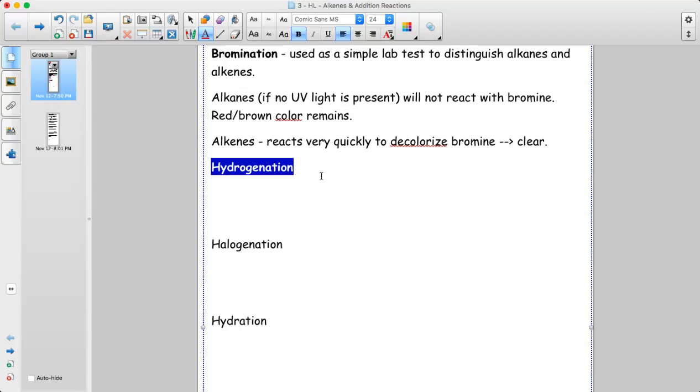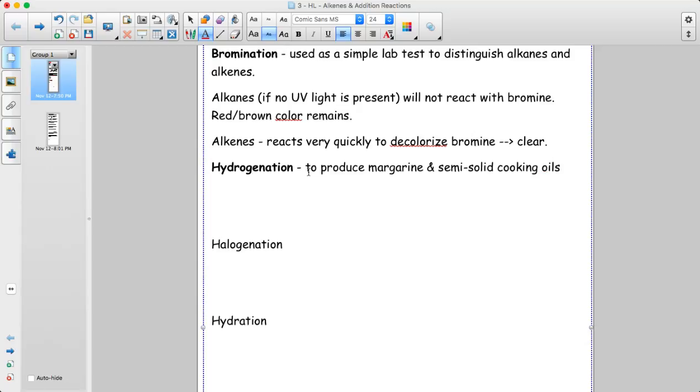Hydrogenation, the one with the nickel catalyst and heat, this reaction gets used to produce margarine and semi-solid cooking oils. If you've ever seen hydrogenated vegetable oils on an ingredient label, this is what they were talking about.